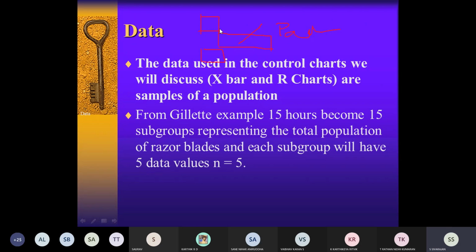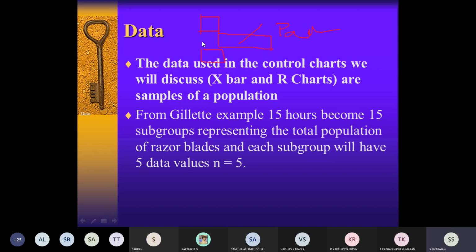For example, if the shaft is 30.2, the oversized cannot go. So this is a go gauge. But the undersized component, for example 29.1, can go inside the hole. So if the component goes inside the gauge, it is called a go gauge.